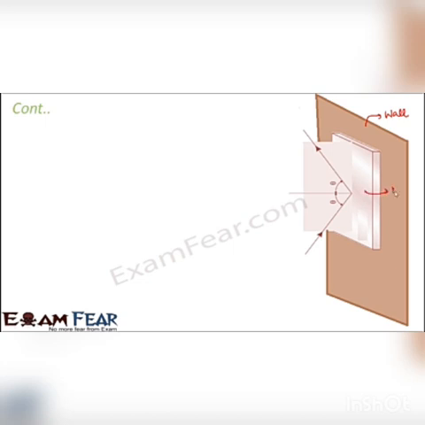This is the mirror, and this is your laser. From here the incident ray is coming and striking the mirror, and from there it is getting reflected. Now you take a sheet of paper below.